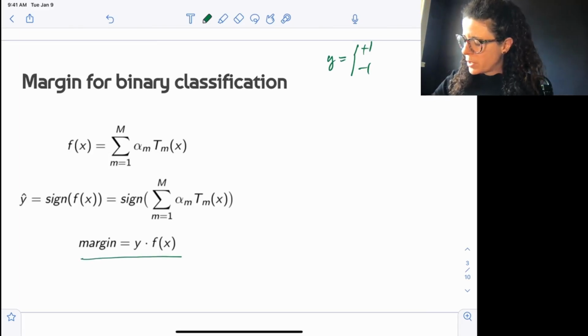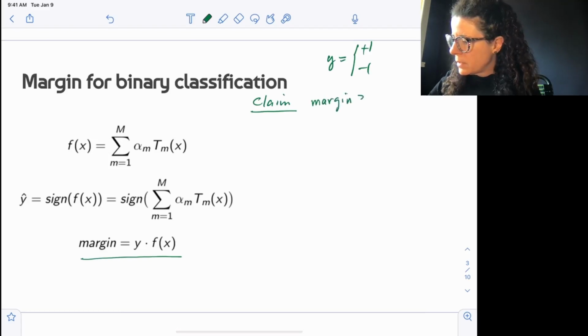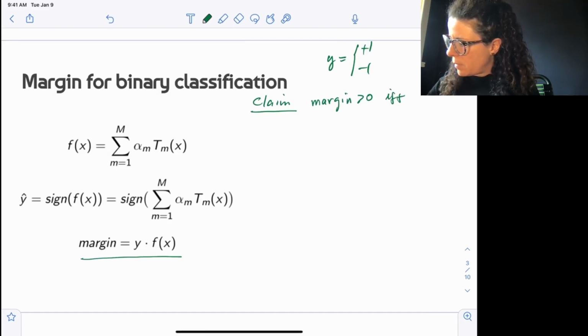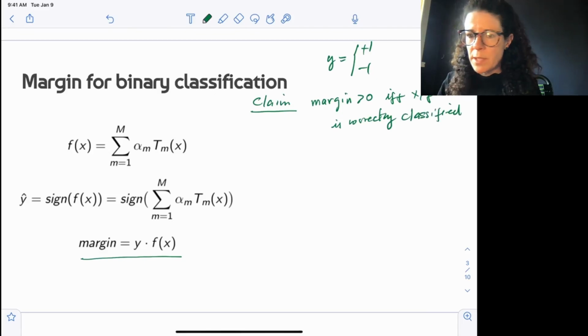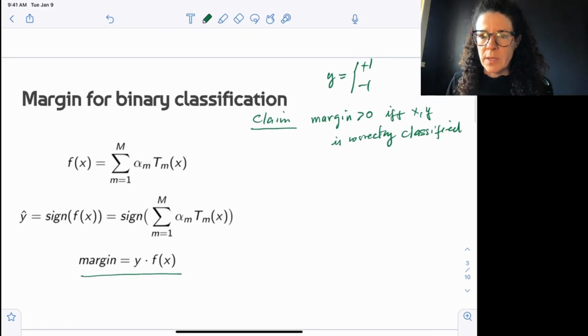The margin is actually pretty useful, and we have this claim that says that the margin is bigger than 0 if and only if the observation (x, y) is correctly classified. So let's prove this.